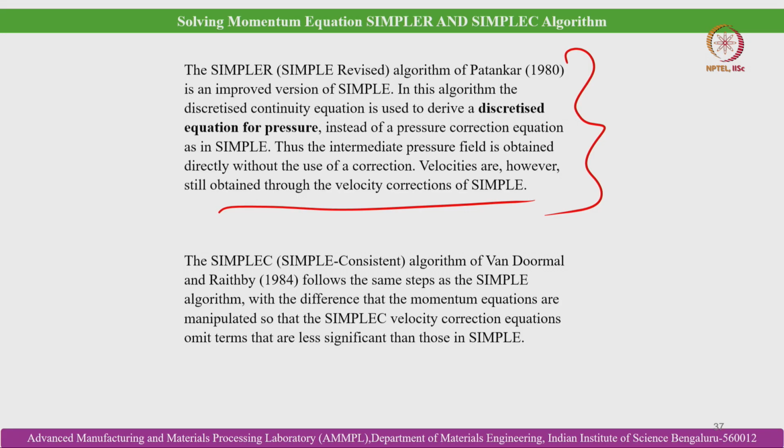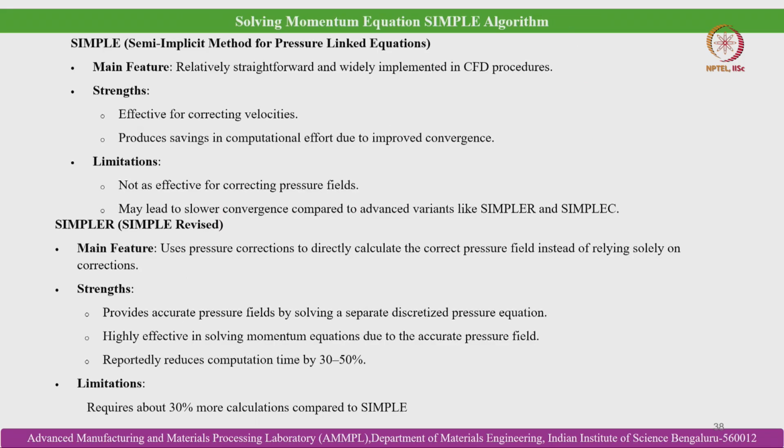And then finally the simplex, that is simple consistent algorithm of Van Doormaal and Raithby, which was given in 1984, follows the same steps as the simple algorithm, with the difference that the momentum equations are manipulated so that the simplex velocity correction equations omit terms that are less significant than those in simple.